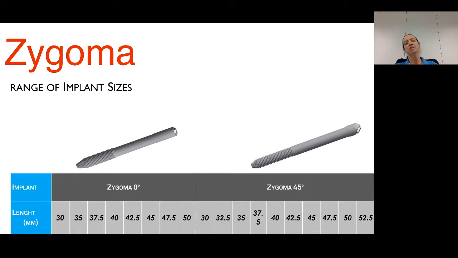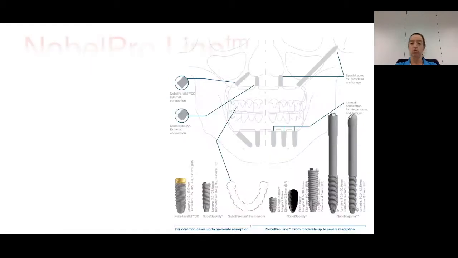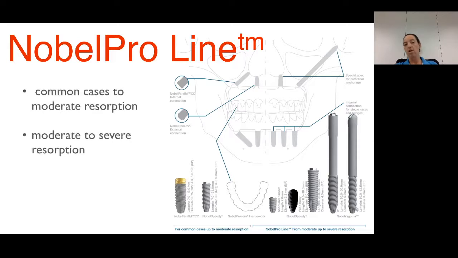We'll come again to the zygoma more in the next webinar, but I just wanted to follow all the evolution of the All-on-4, and the zygoma is part of the evolution of the All-on-4. Because nowadays with this type of implants, you can have a solution for all your cases, from common cases to moderate resorption, or moderate to severe resorption, using also the zygoma line.